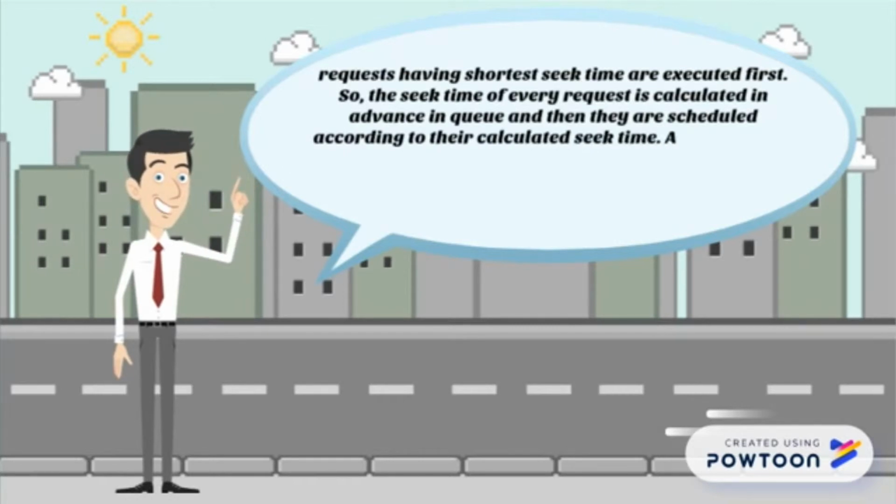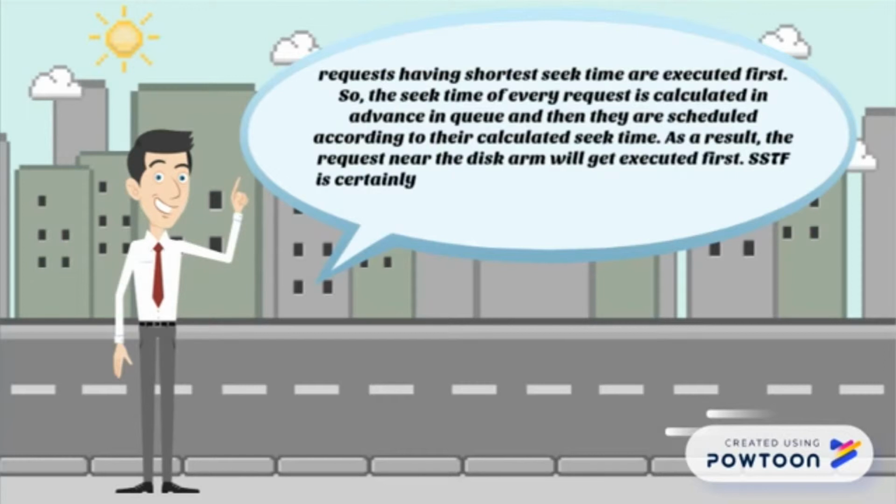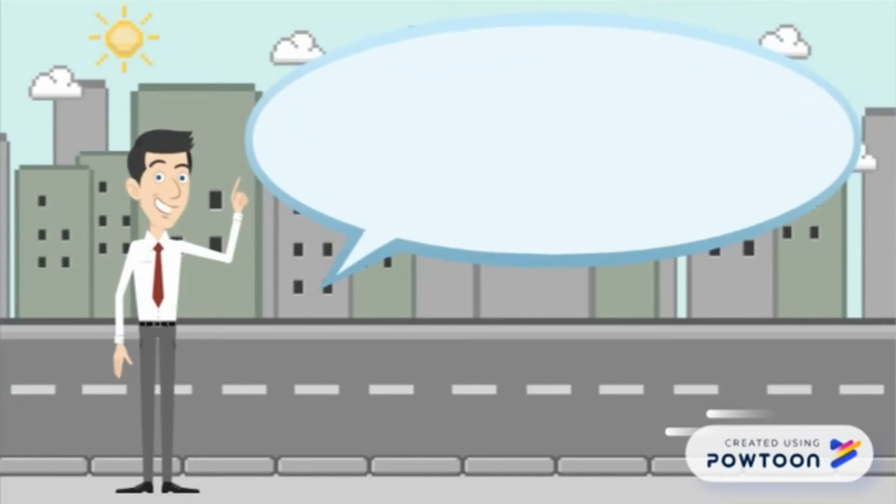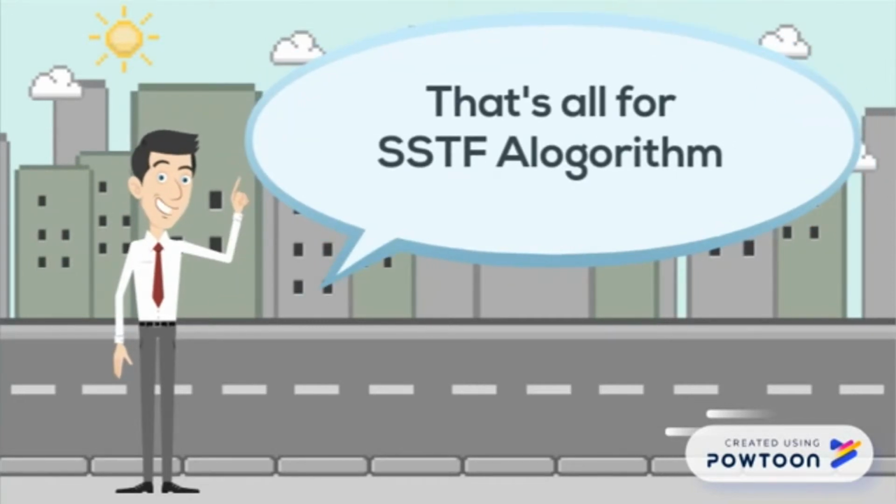As a result, the request near the disk arm will get executed first. SSTF is certainly an improvement over FCFS as it decreases the average response time and increases the throughput of the system. That's all for the SSTF algorithm.